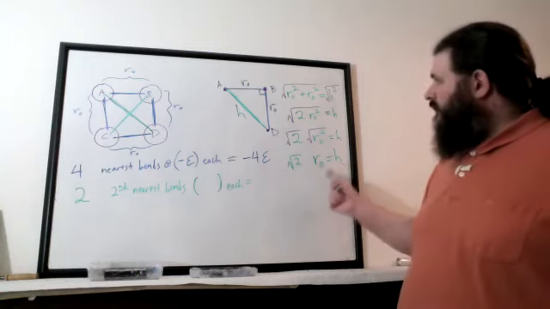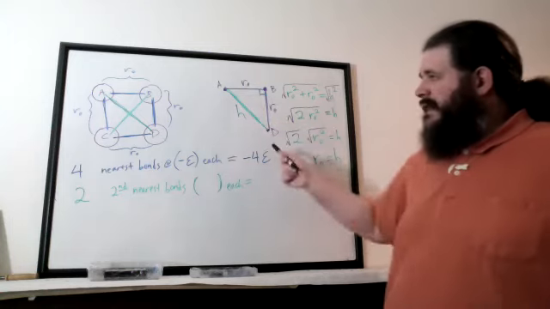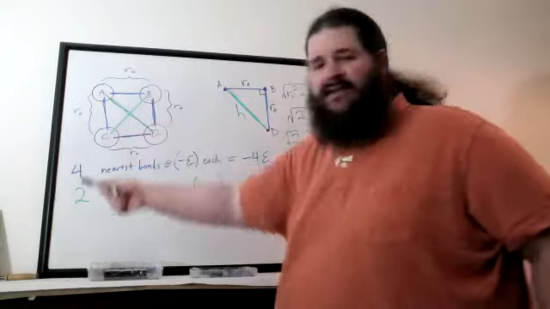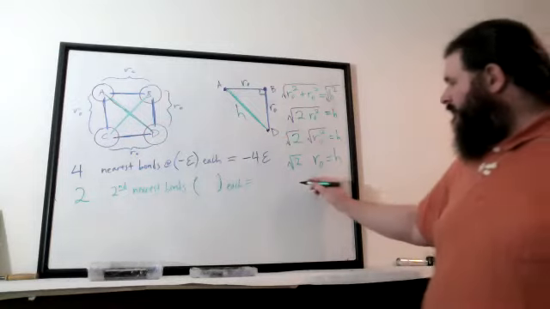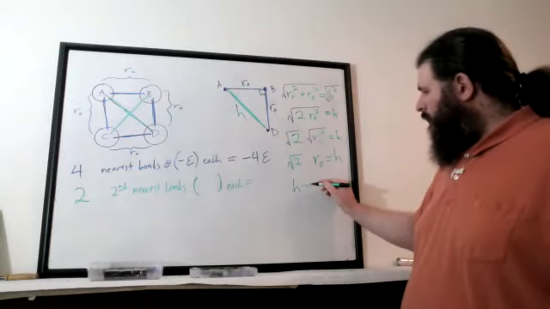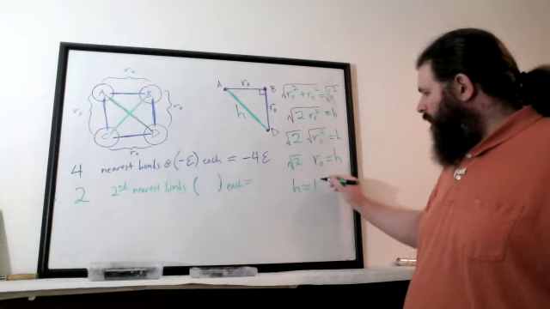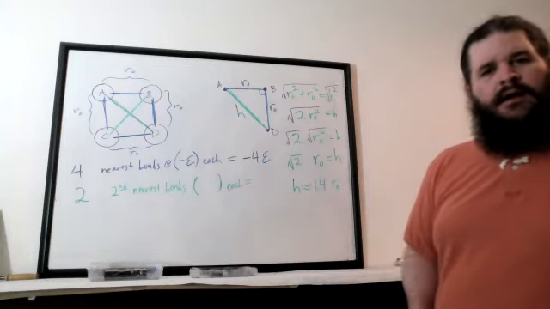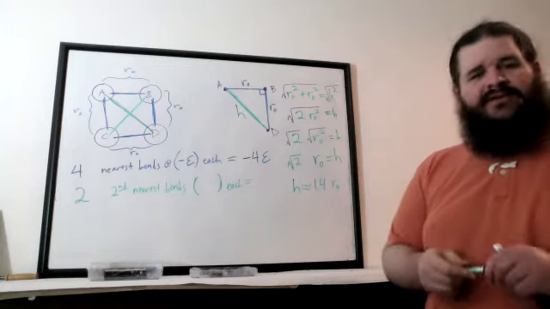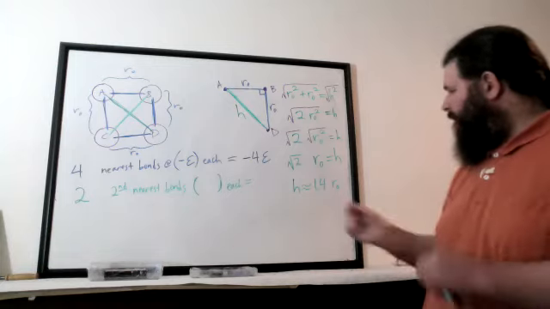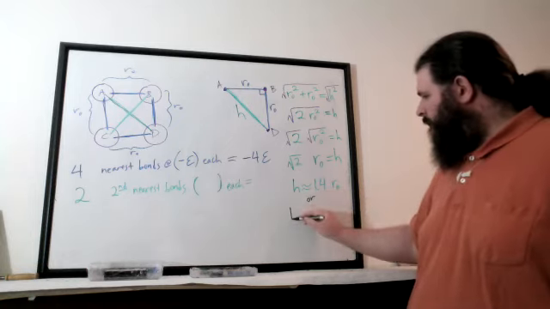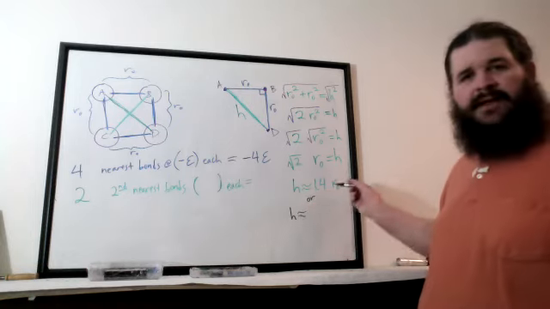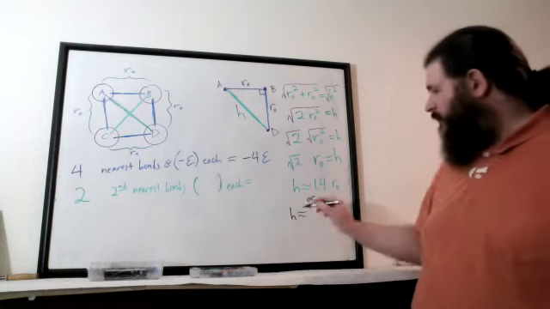So that's our distance. The distance between particles A and D, and likewise the distance between B and C, is square root of 2 times R naught, or about 1.4 times R naught. Alternatively, if you had the graph labeled in sigma, we could replace R naught with about 1.12 sigma.